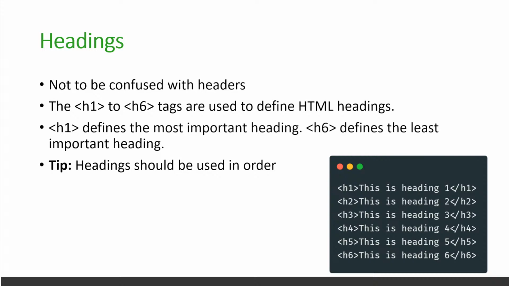So even though we have an option to go up to an H6 here, I rarely, if ever, use anything past an H3. I don't think I've used anything past an H3 on a regular website ever. Right, so there's that.